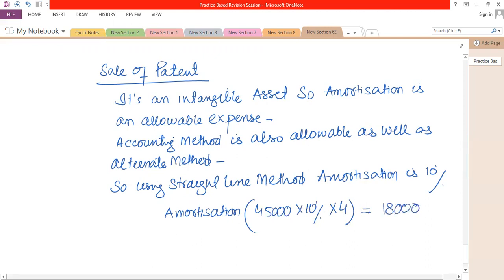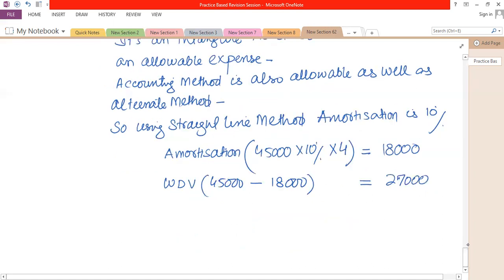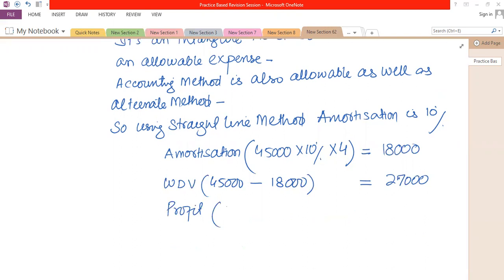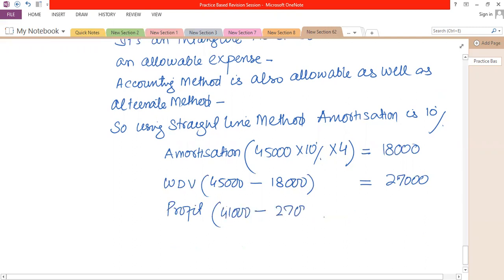So the carrying amount, or the written down value, is now 45,000 cost minus 18,000 total amortization. How much is the written down value? It's 27,000. Now compare this with sale proceed. Sale proceed is 41,000, written down value is 27,000.